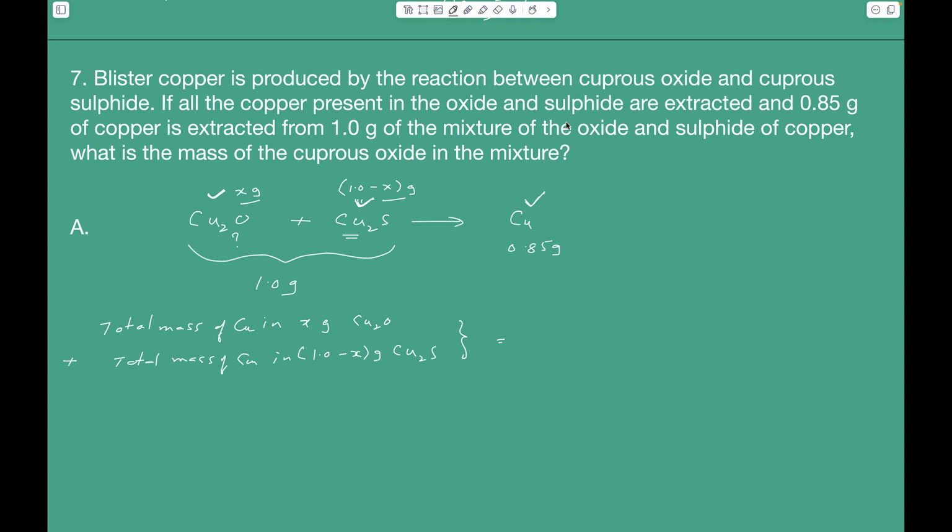That's what is given here. All the copper present in both these compounds is ending up as blister copper, and its mass is given here. So it must be equal to 0.85 grams.